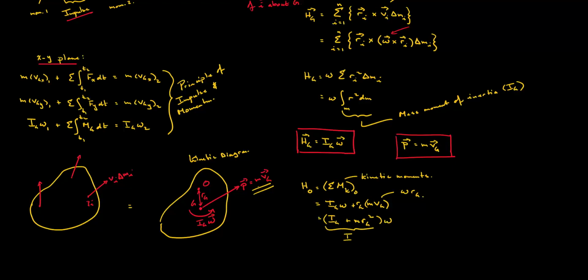And this is our parallel axis theorem, which gives us the mass moment of inertia about point O. So what this tells us is that the angular momentum about point O is equal to the mass moment of inertia about point O multiplied by the angular velocity.